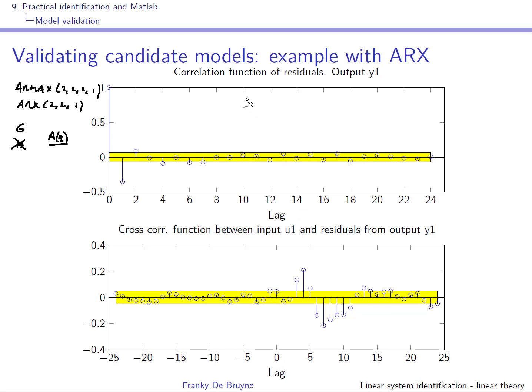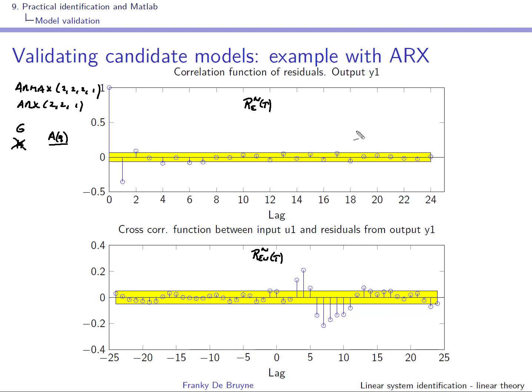What you see over here is R epsilon of tau, and this is here R epsilon U of tau. So this is the autocorrelation function based on n data, autocorrelation of the residuals, and this is the cross correlation function between the input and the residuals.